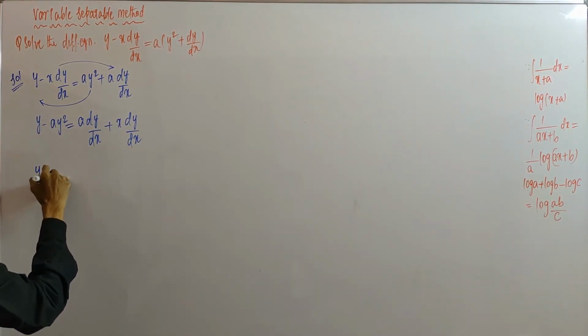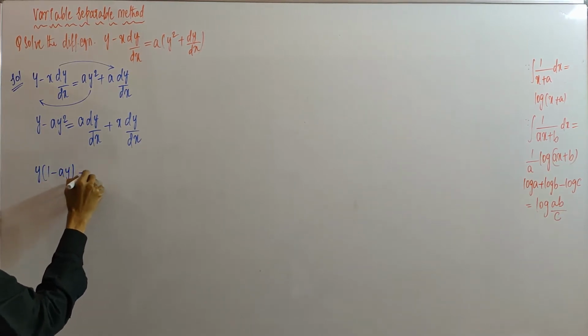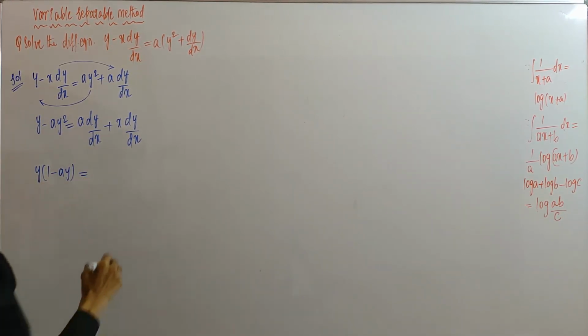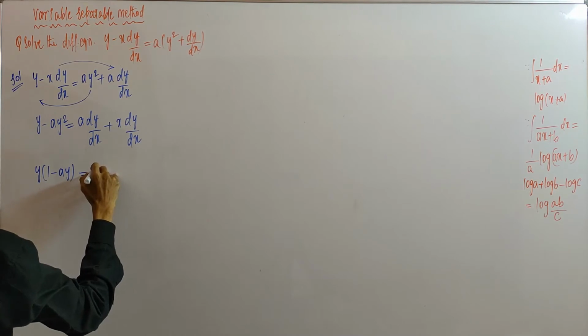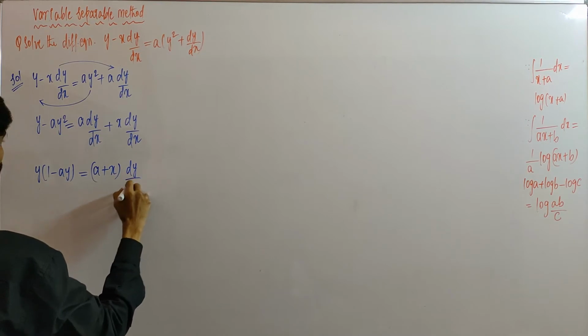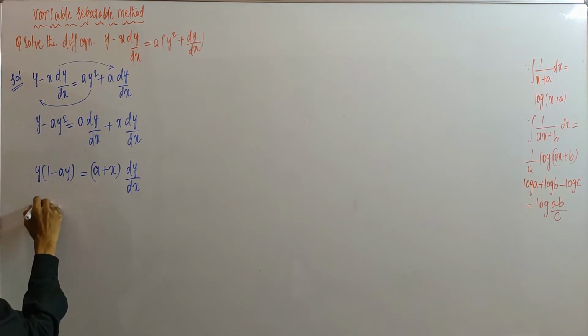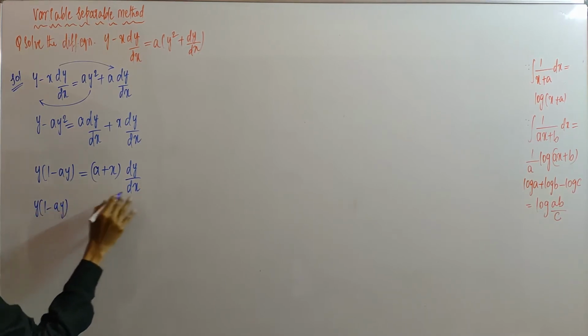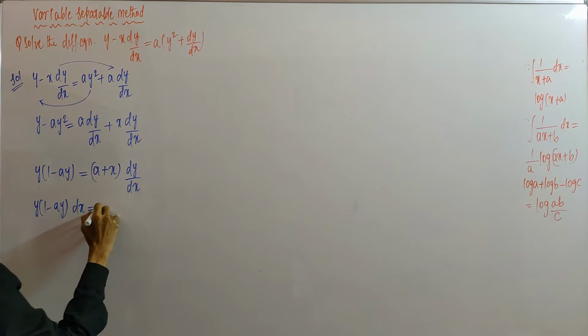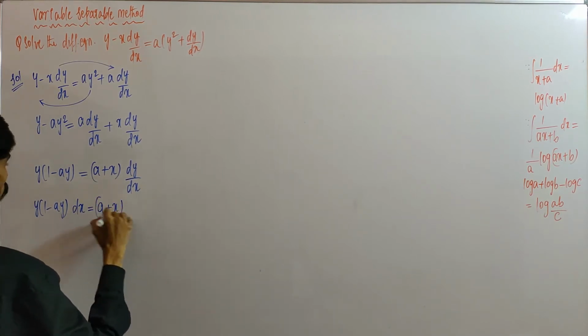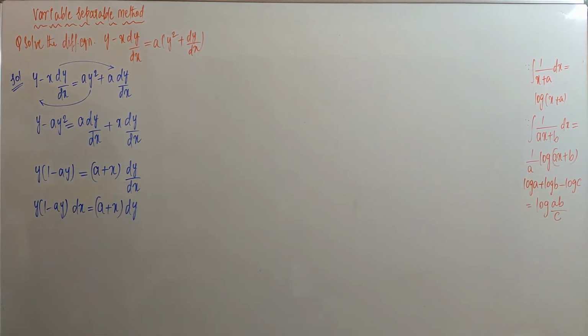We have y into 1 minus a y is equal to dy by dx common, then a plus x into dy by dx. Now rearrange this, cross multiply: we have y into 1 minus a y, this dx will come here, is equal to a plus x into dy.